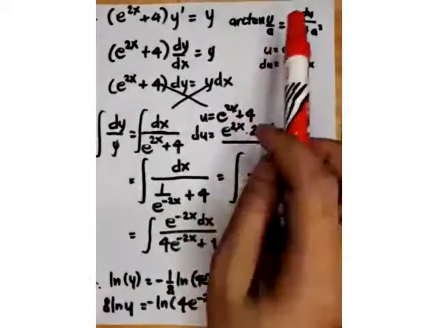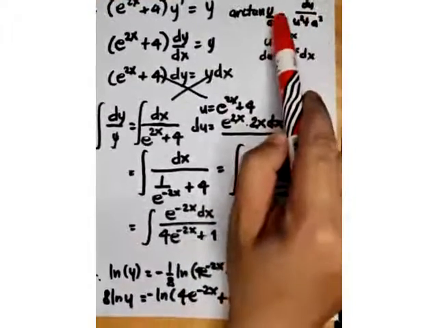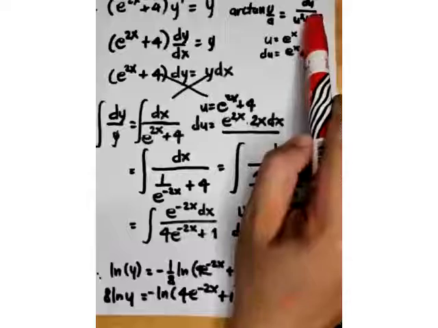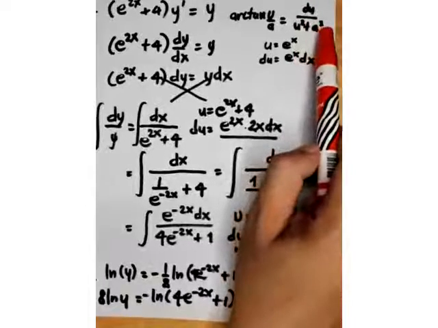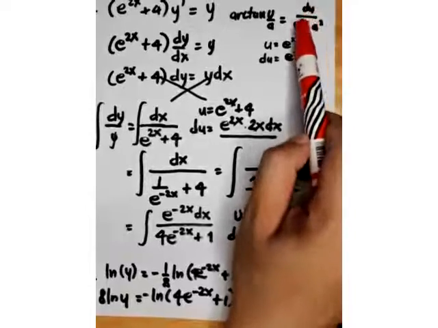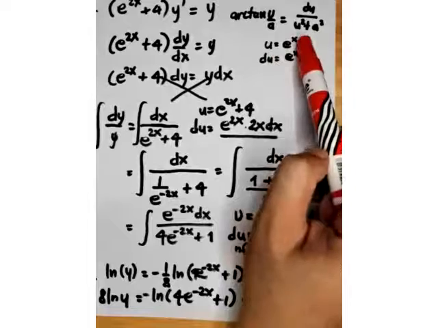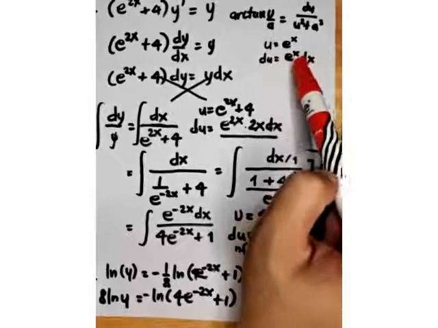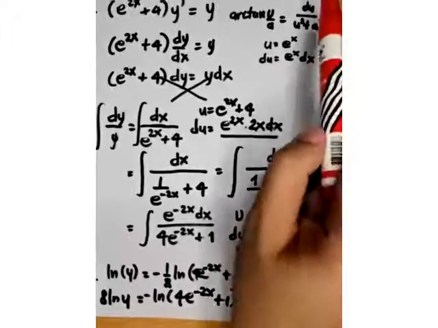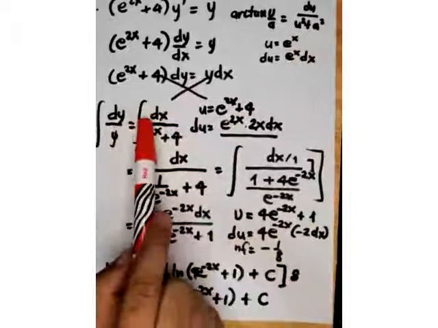Hindi siya pwedeng arctan kasi pag kinuha, di ba ito yung formula natin? So pag kinuha natin yung arctan na u plus a squared, di ba diderive natin yung u doon? At ang u natin ay magiging e raised to x lang. Pag i-du natin siya, kailangan natin makakuha ng ex dx. Kung titignan natin yung equation natin, wala naman siyang e raised to x.